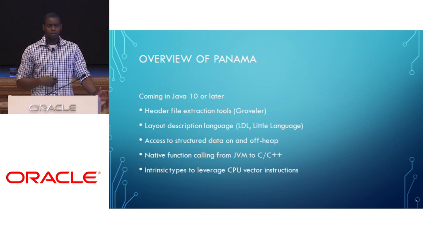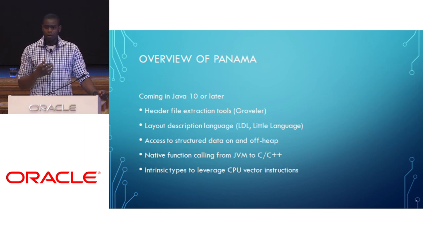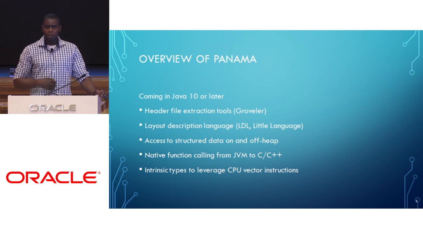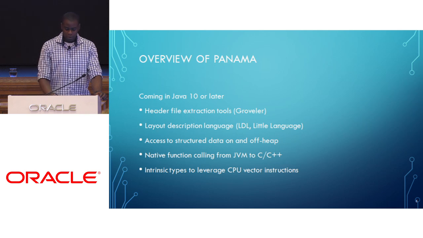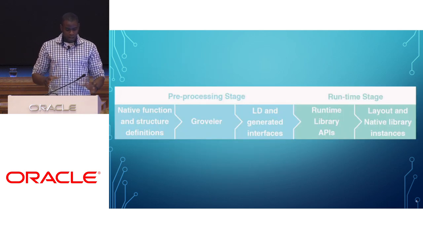The purpose of this is to provide a standard way to describe native types. There are runtime libraries that let you access structured data on heap and off heap. And also native function calling mechanisms to do calls from a JVM to C++, and intrinsic types to leverage vector instructions.